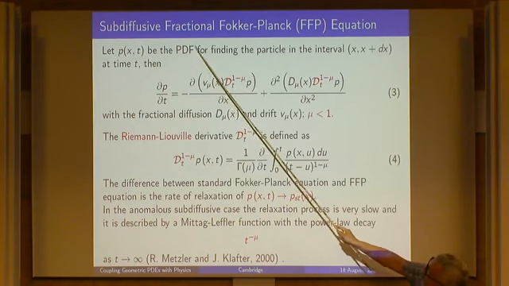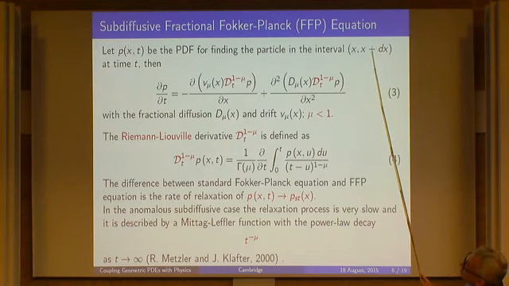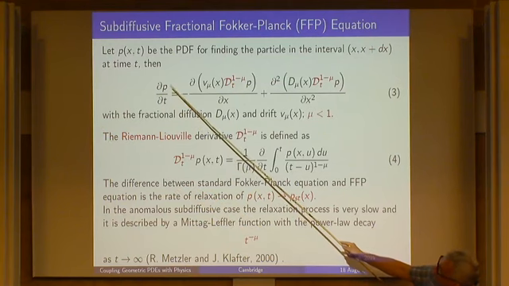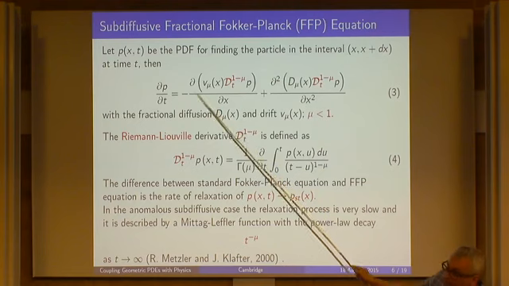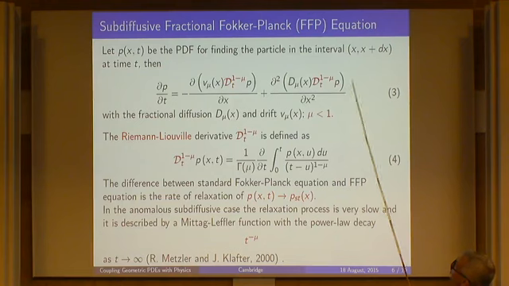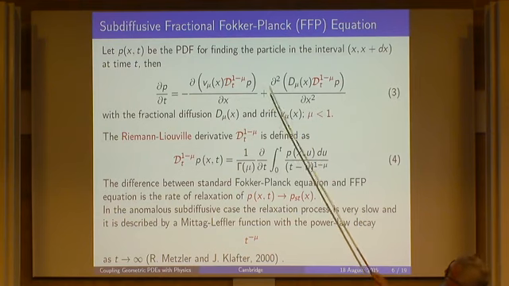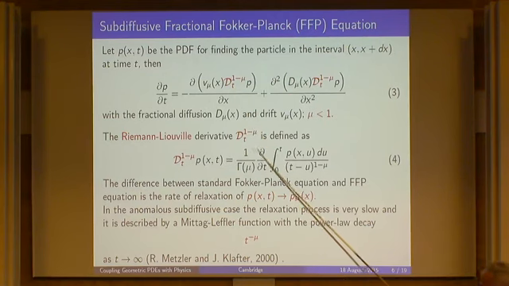This is a standard probability density function to find the particle in this interval at a particular time. The rate of change depends on two terms: this is the classical drift term, this is the diffusion term. The difference between the standard Fokker-Planck equation and the fractional one is just this operator, D. And this is the famous Riemann-Liouville derivative, written in terms of convolution.